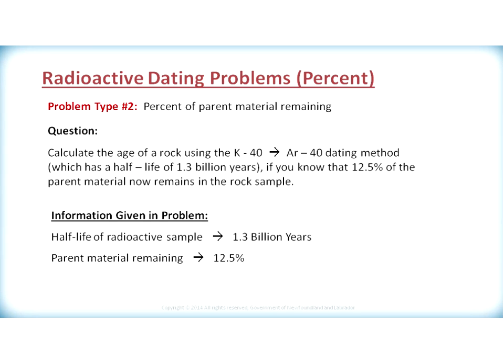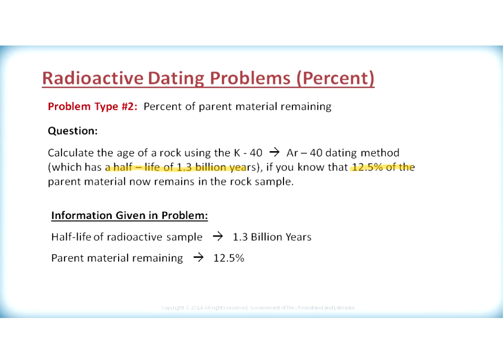If we go and look at example number 2, the question reads: calculate the age of a rock using potassium-40 decaying to argon-40 dating method, which has a half-life of 1.3 billion years. So we know that the half-life in this case is 1.3 billion years, and we know that 12.5% of the original parent material remains.